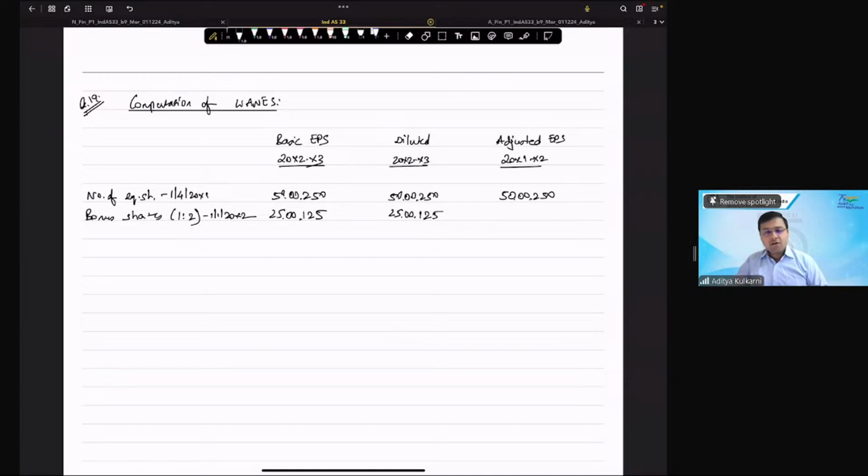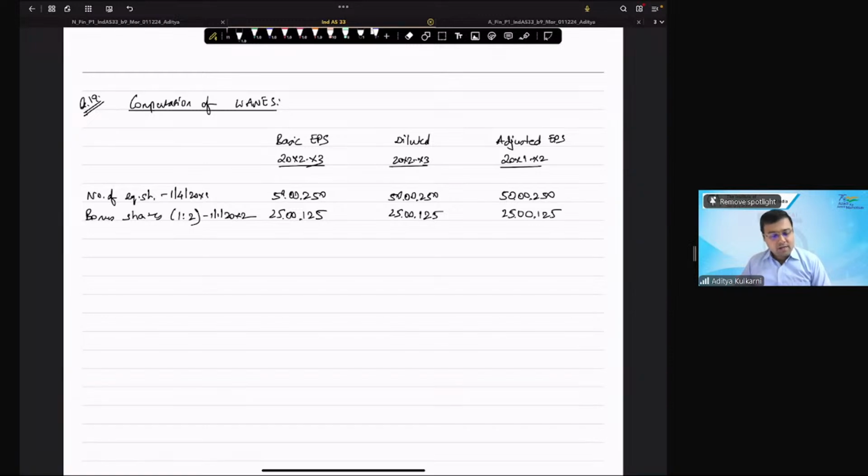It is there from the beginning of x1 x2, because my EPS is being computed for x2 x3 with comparative x1 x2 as the earliest period. So 1st April x1 onwards it is there.